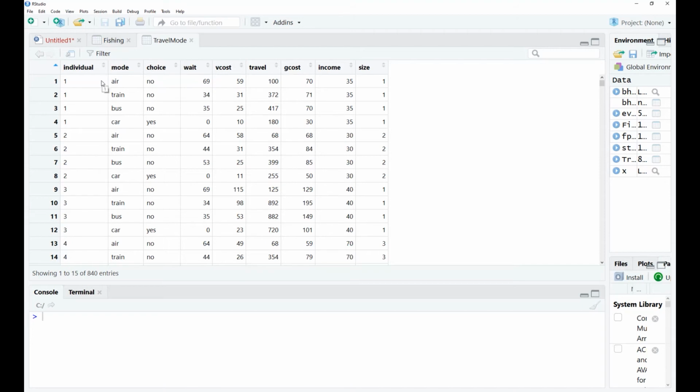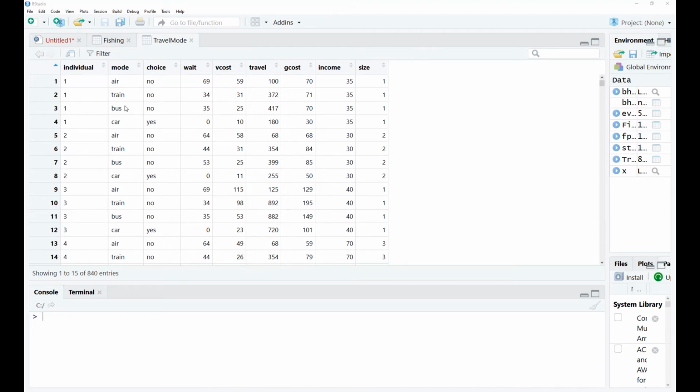We have individual 1 who had an income of 35, and the size of the party that traveled was just 1 person. Whereas the wait time here changes depending on the mode. So again, wait, V cost, travel, and G cost are alternative specific variables attached to the 4 alternatives: air, train, bus, and car. And income and size are associated with the individual.